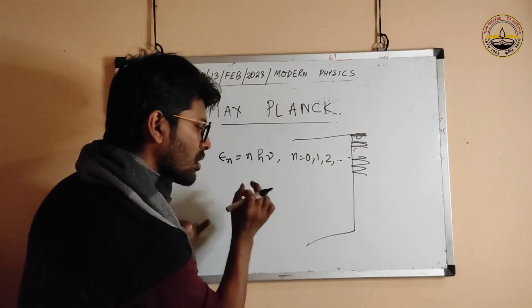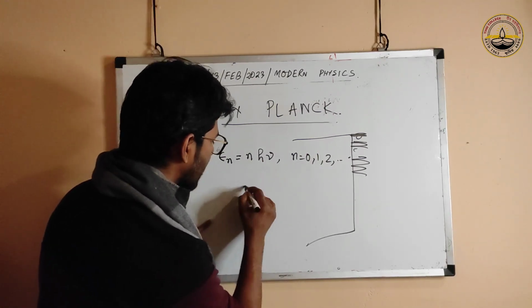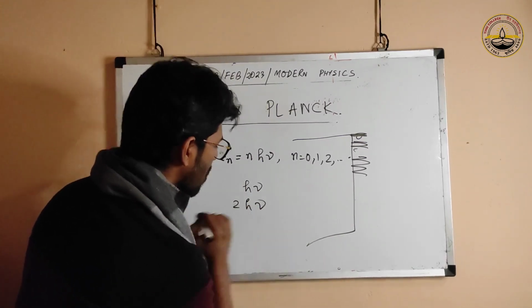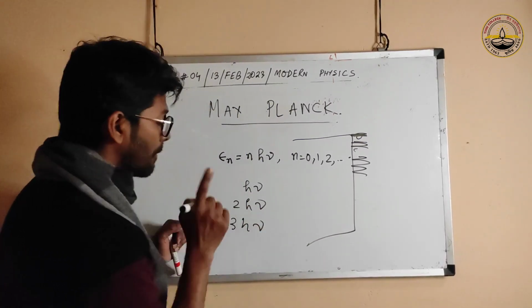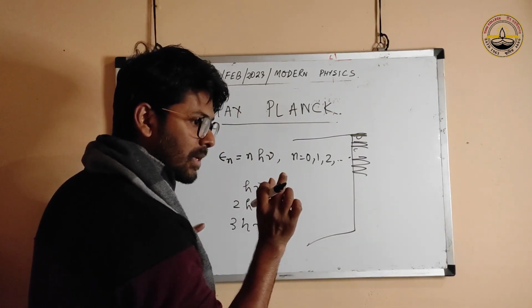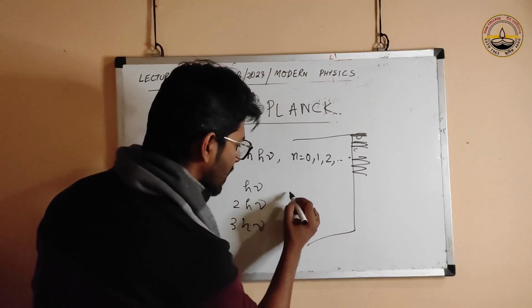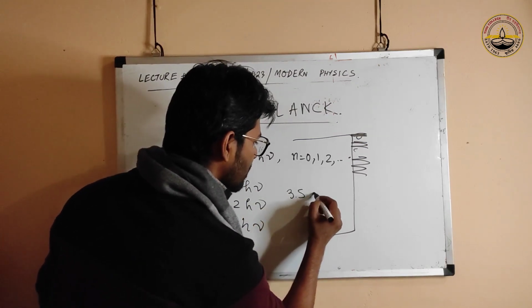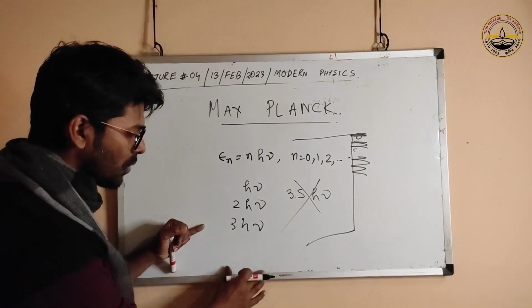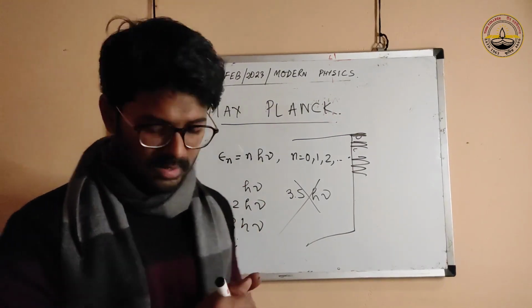An oscillator could oscillate with this energy h nu, or with an energy 2h nu, or 3h nu, but the oscillator cannot oscillate with an energy corresponding to, let's say, 3.5 h nu. Cannot, only in this way.